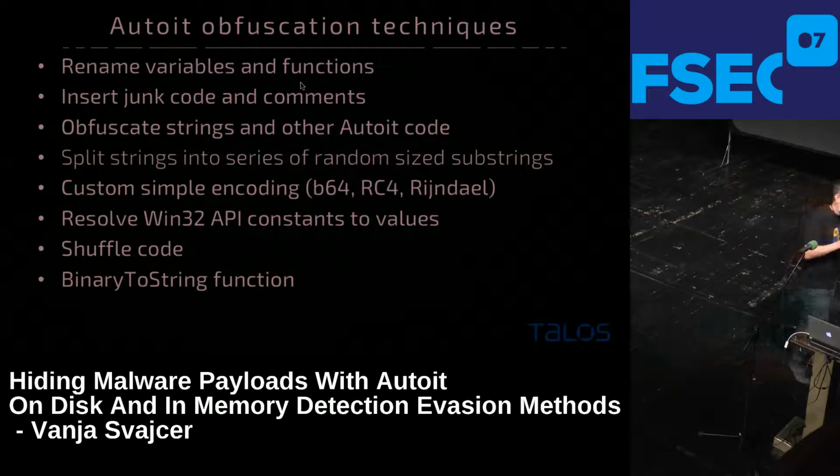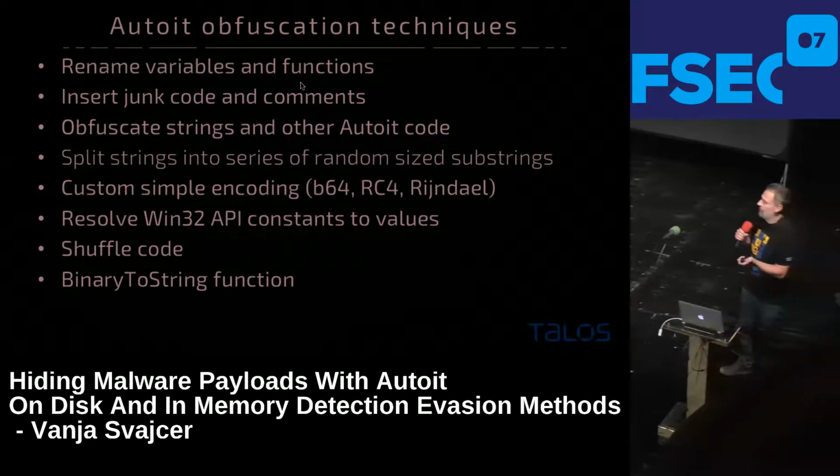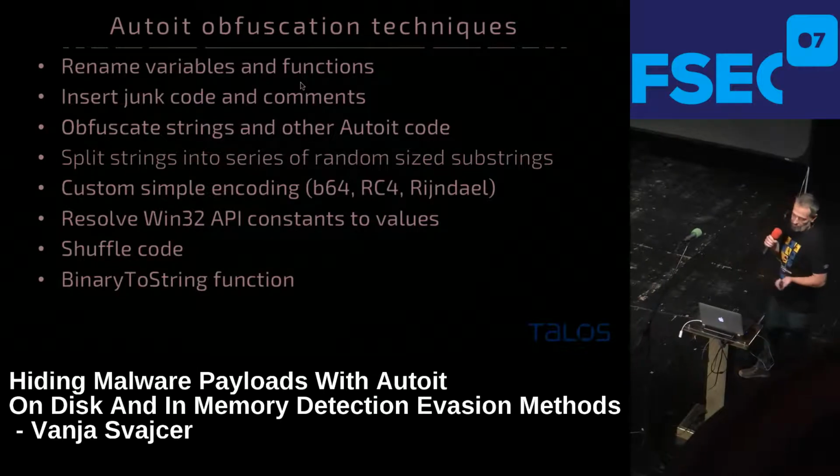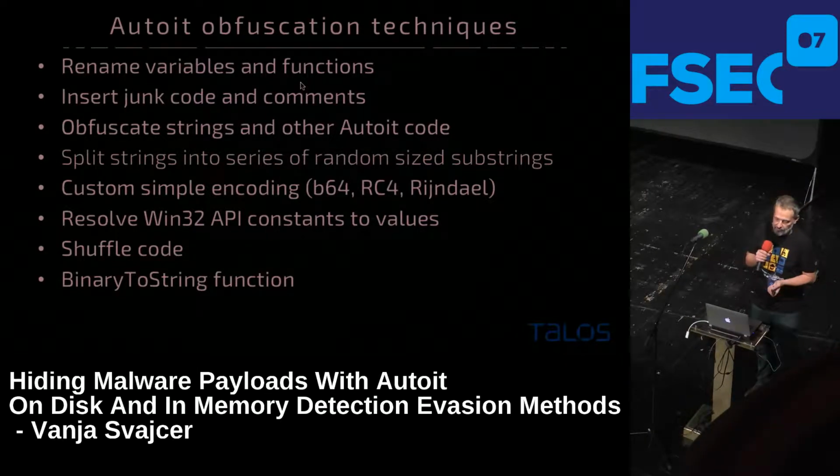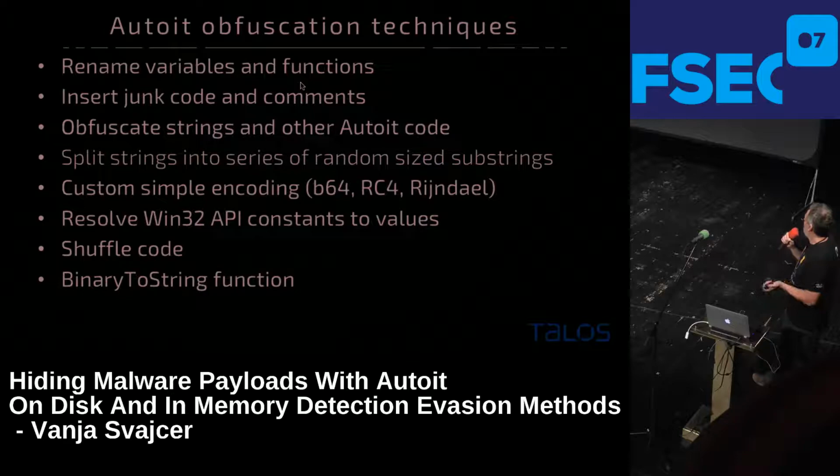It's classical, like any scripting language such as JavaScript or VBScript, PowerShell is being obfuscated by choosing random variable names, inserting junk code at the beginning or anywhere within the code. The whole idea of obfuscating, of course, is twofold.